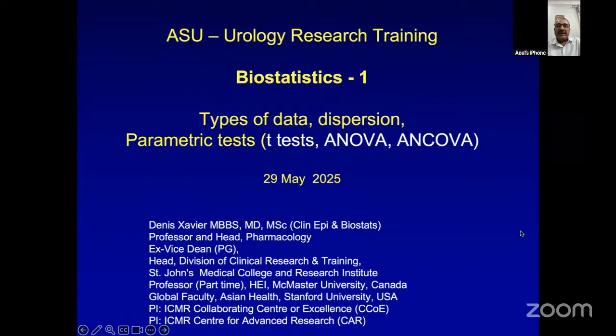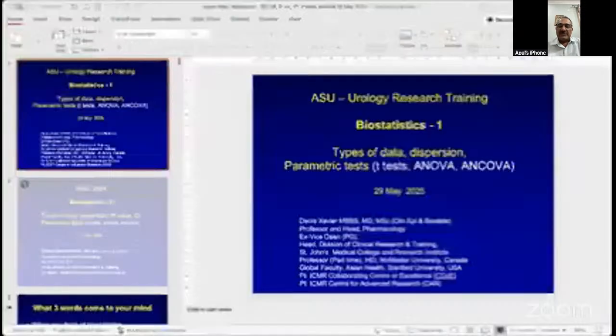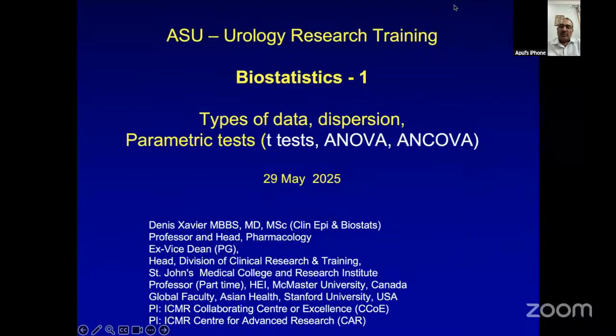Good evening, everyone, and thank you, ASU, for this opportunity and to be part of this research methodology webinar series. So, we had a very fruitful last few weeks where we discussed the research designs, the cross-sectional study, how to do a cohort study, what is a randomized control trials, and how do we plan.